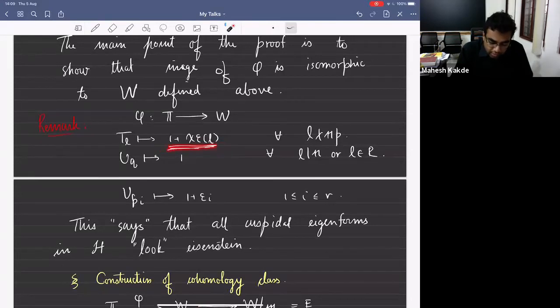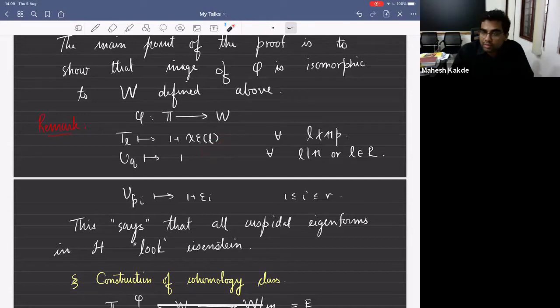The Hecke eigenvalue of TL is 1 plus chi epsilon to L. This is precisely what the Hecke eigenvalues of Eisenstein series look like. For cusp forms, it's hard to describe what the Hecke eigenvalues are explicitly, but for Eisenstein series, we know that the Hecke eigenvalues look like this.